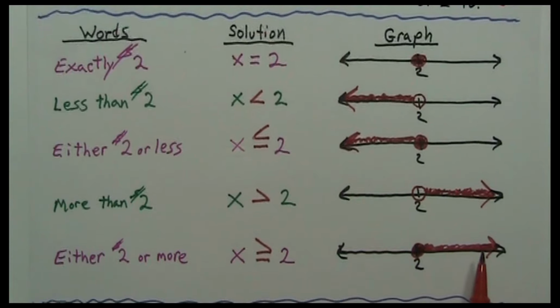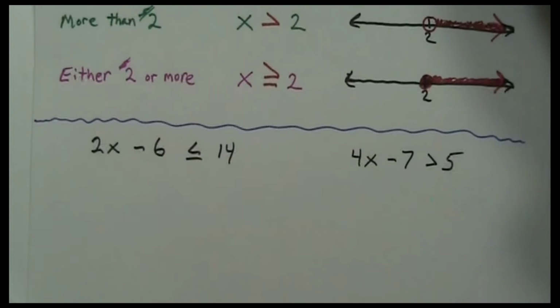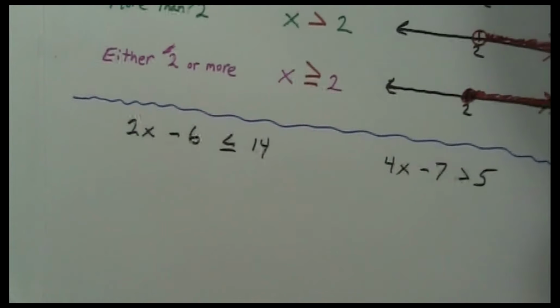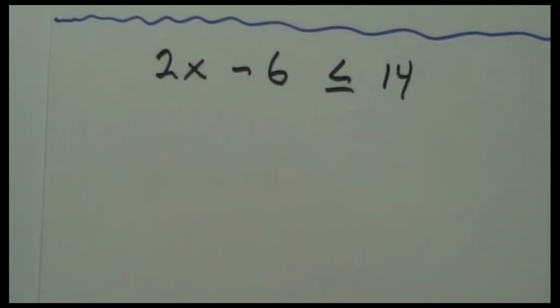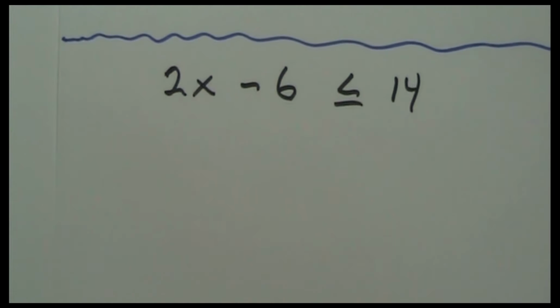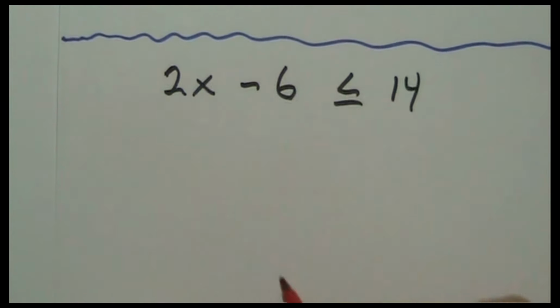Okay, now let's go to actually solving an inequality. So we'll do 2 problems at the bottom, and let's just focus on this first one. This is just like a 2-step equation. It's the same thing. So let's see what it looks like. We want to know what number x is. Let's get x by itself. Get rid of the constant.